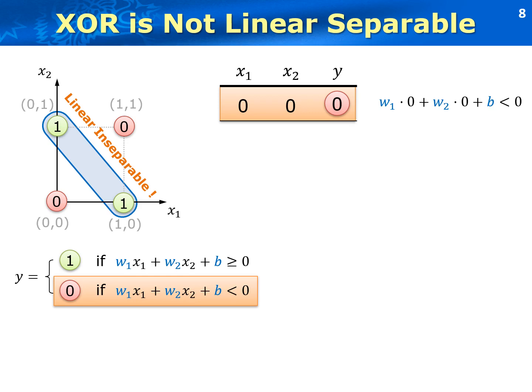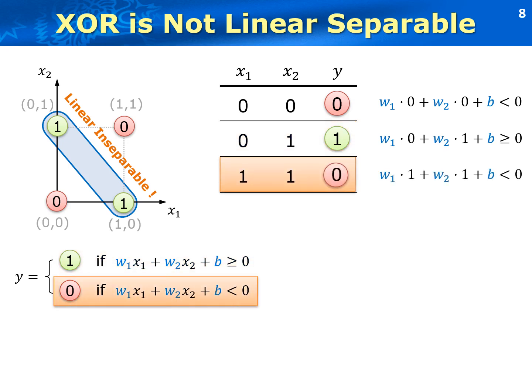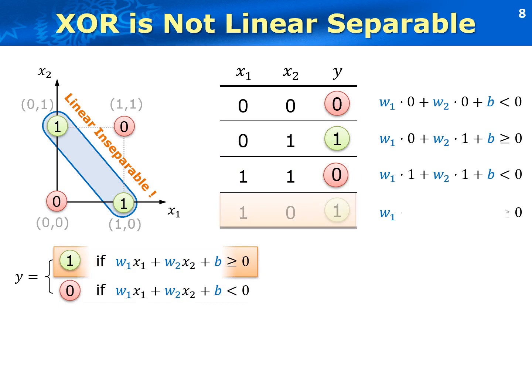In the second row, the output y is 1, implying that the neuron will fire when x1 and x2 are 0 and 1 respectively. Plugging these values into this orange branch produces this inequality. Similarly, for the third and fourth rows, we can put x1 and x2 values into the corresponding inequality.